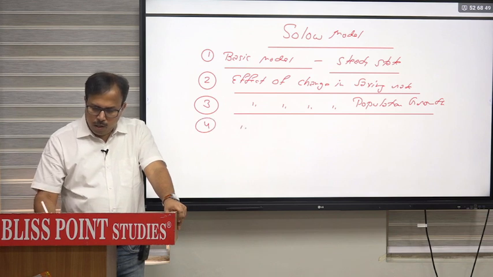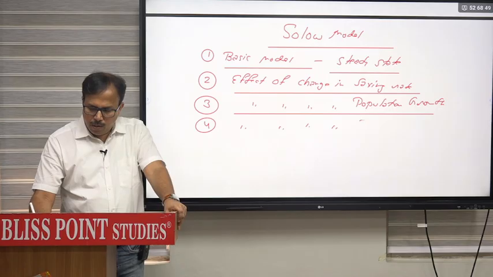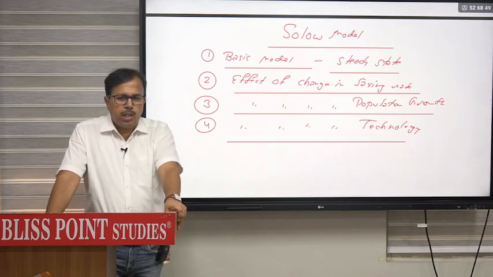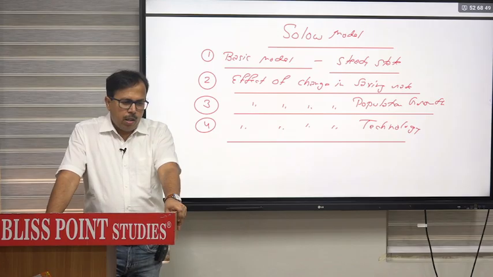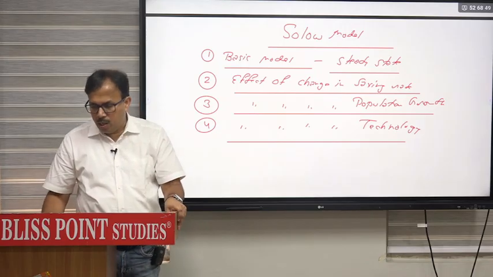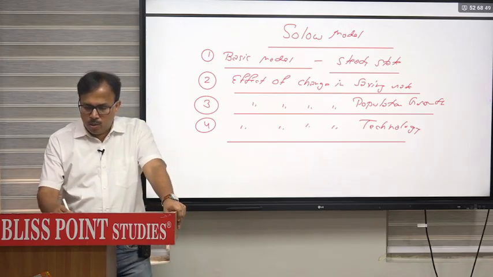Fourth, the effect of change in technology. So how technological change will affect the economy. One is how a saving rate change will affect the economy, the other is how population growth will affect the economy, and third is how technological progress will affect the economy.